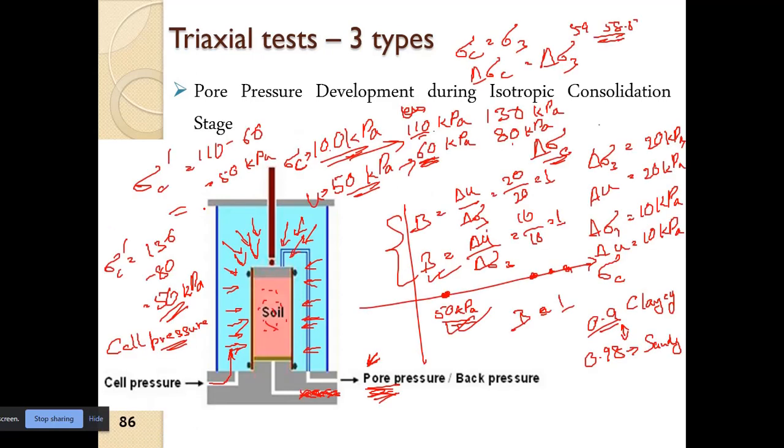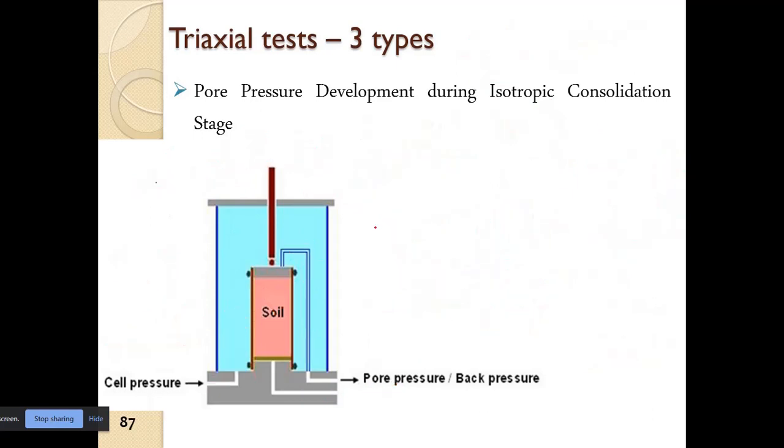So in the previous case, we increased only the cell pressure. If we increase the deviatoric load, then what will happen here? We will have sigma C dash here and sigma C here.